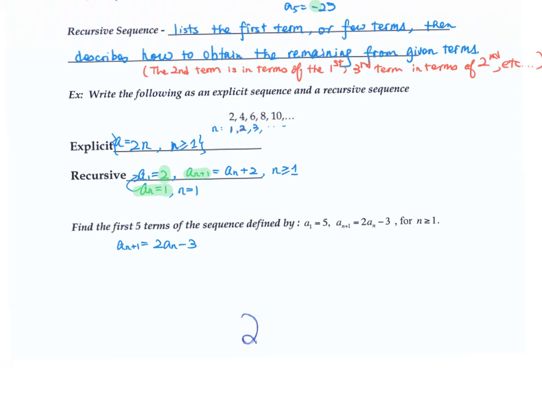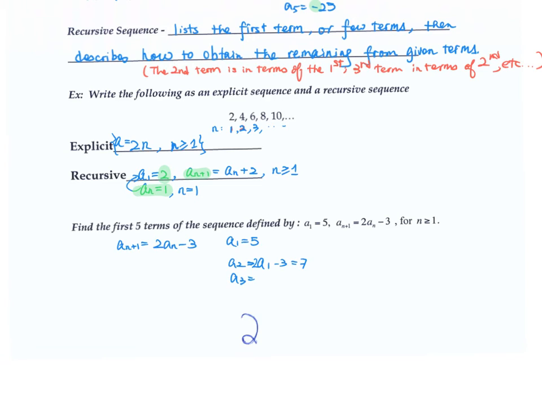When a1 equals 5, a2 would equal 2a1 minus 3. Is that right? Yeah, that's right. Therefore, I would have 7.